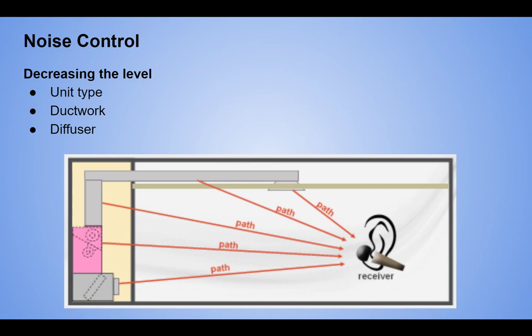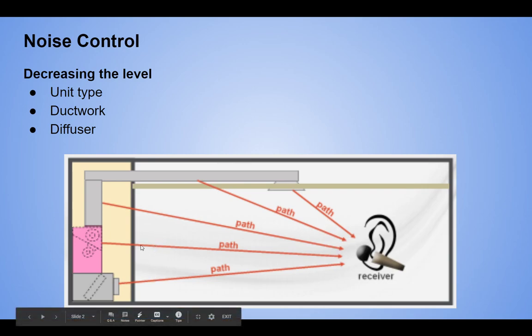So, when we're talking about noise control in a system like this, here is your air handling unit on the left. We've got some ductwork with the diffuser, and this is conditioning this space. It's either providing heat or providing cooling, maybe taking out some humidity, maybe inducing some humidity in here.